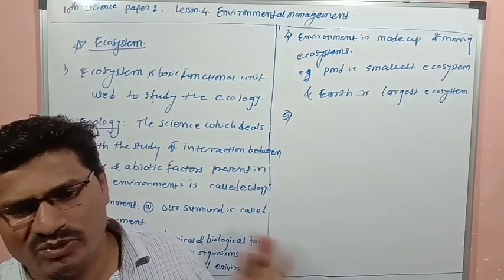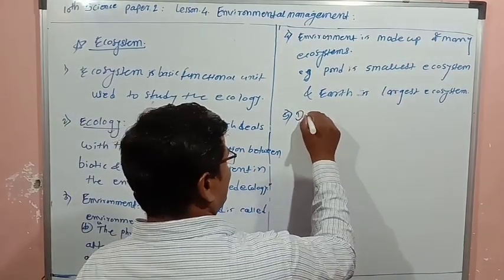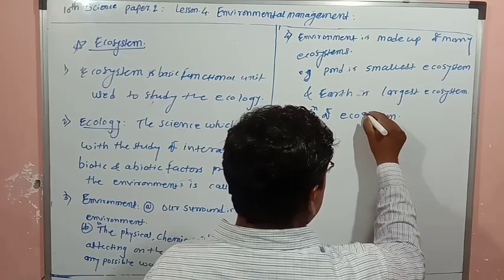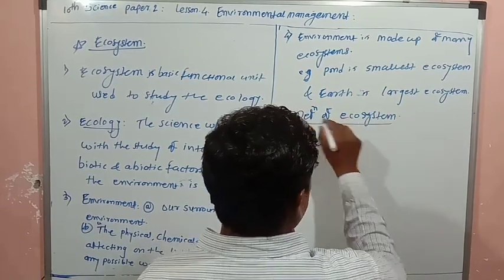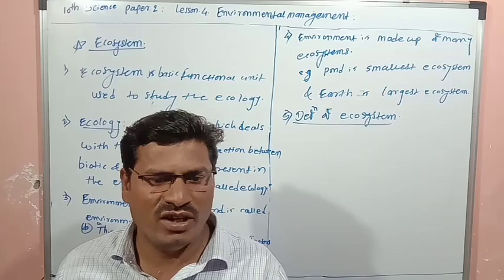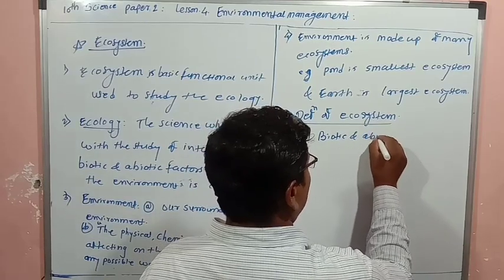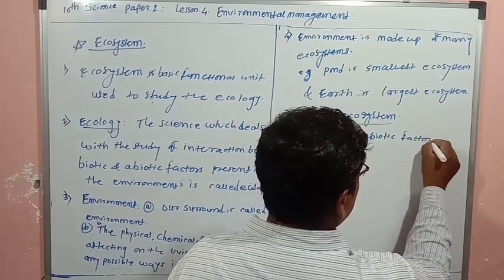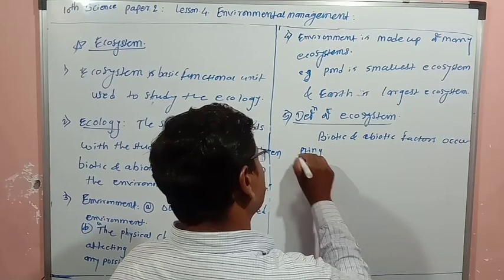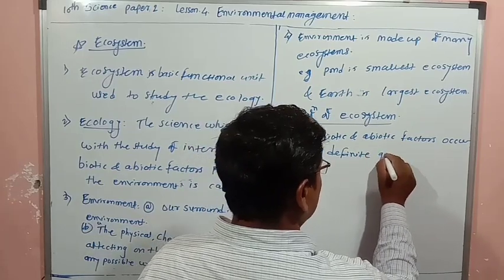Next, in the fifth point we write the definition of ecosystem: biotic and abiotic factors occupying a definite geographical area.